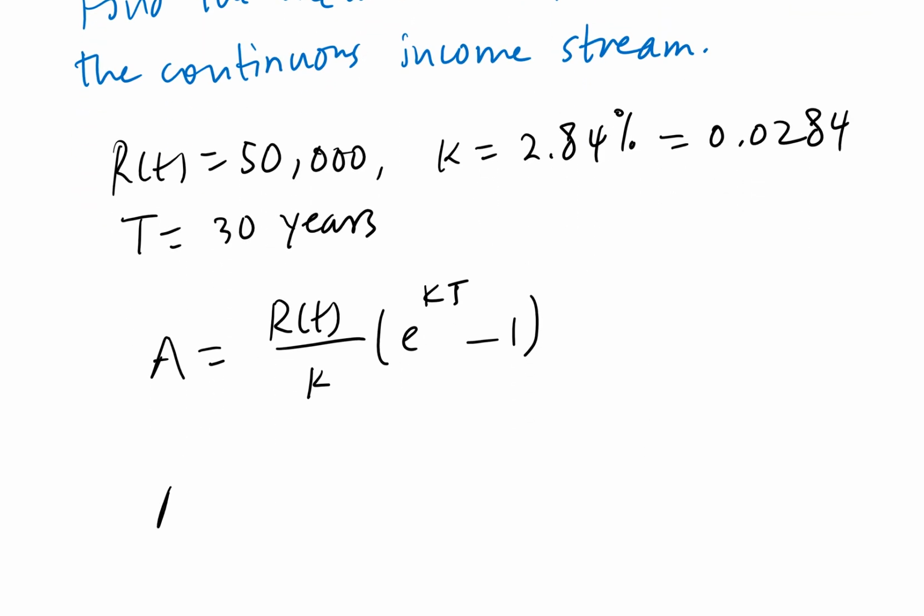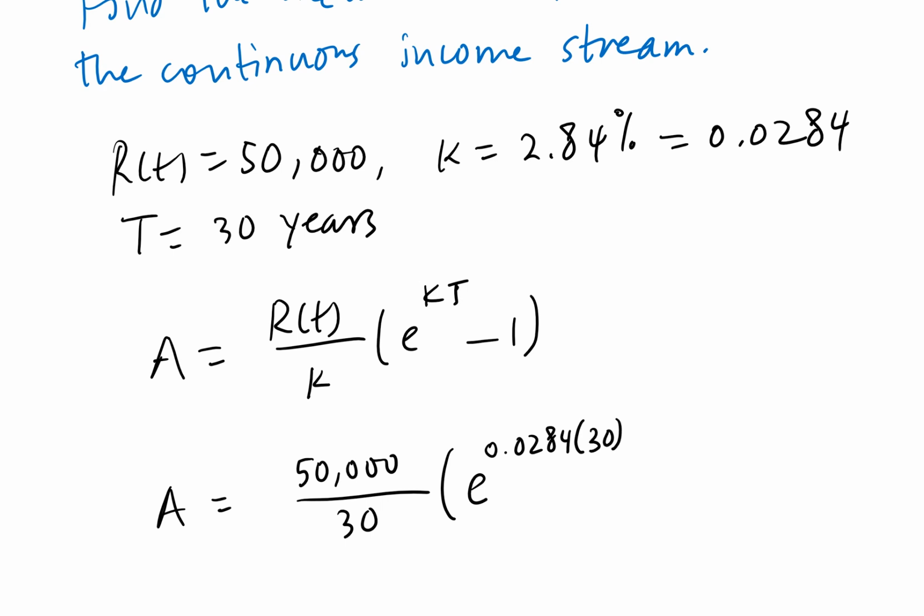If we substitute them in, 50,000 over 0.0284, e to the 0.0284 times T, which is 30 here, minus 1.